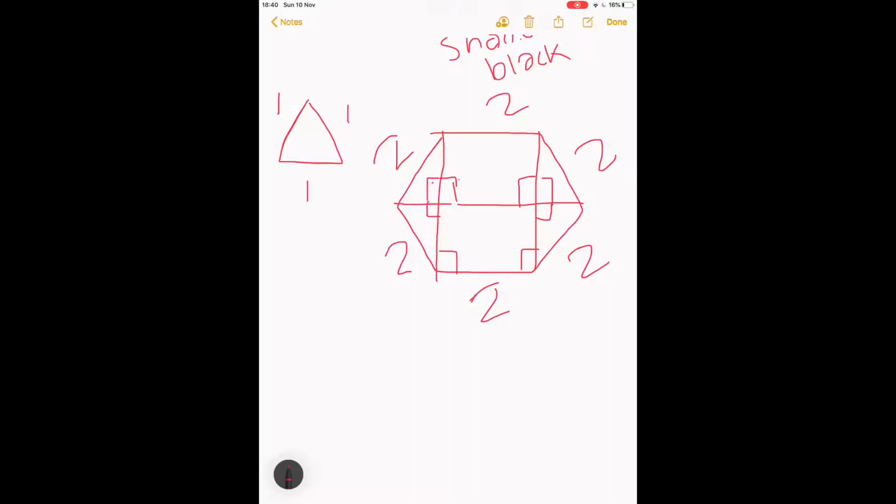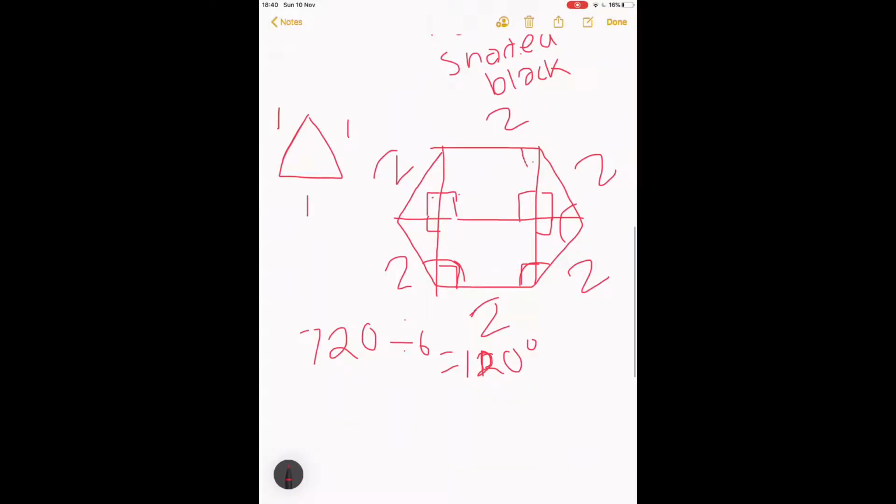We know that all the angles in a regular hexagon add up to 720 degrees, and because there are 6 angles in a hexagon, you just divide that by 6 to get 120 degrees for each angle. So this is 120 degrees, and so on for each angle.